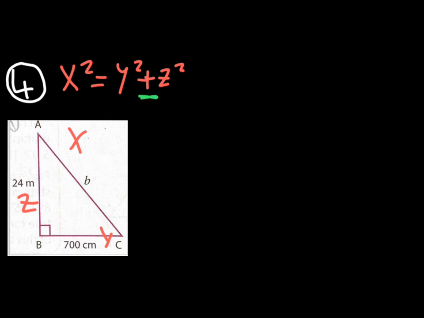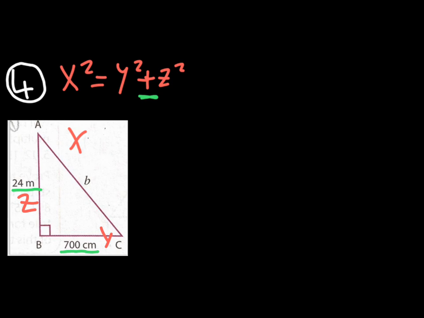Alright, so with that being said, we can carry on. But firstly, we need to note that this side y is given in centimeters and z is given in meters, and we want to work with the same units. So for this example, I want to work in meters. You could have chosen centimeters.